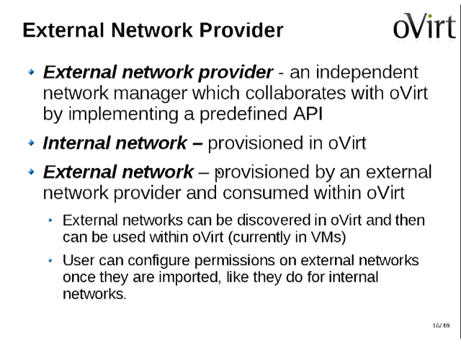And there's a slight distinction between the internal network, which is actually the network that we provision in oVirt, and that's the good old-fashioned statically defined network, and the external network. That is a network that is provisioned by an external provider, and they can be either discovered from the external provider.